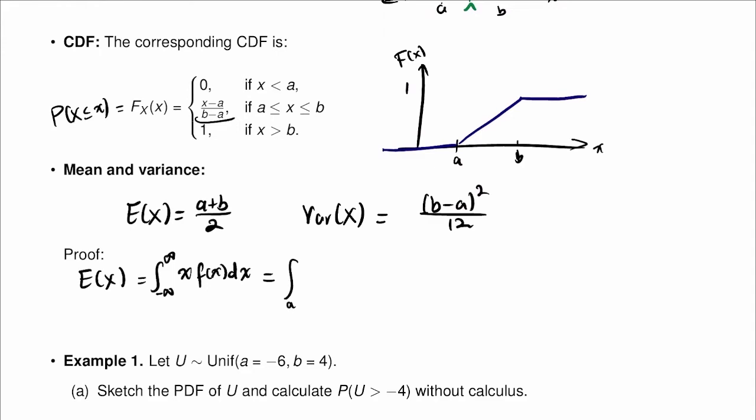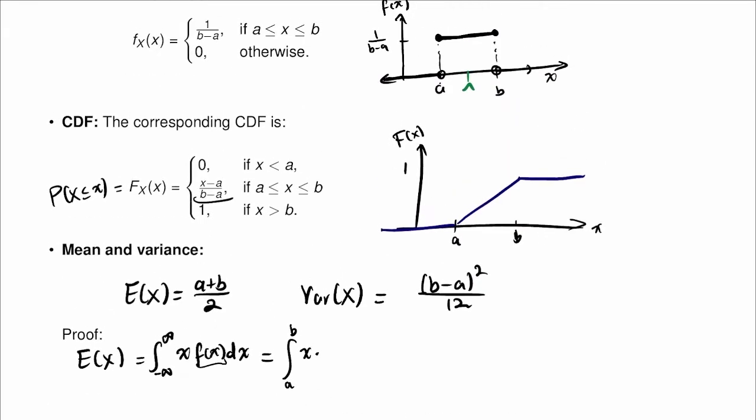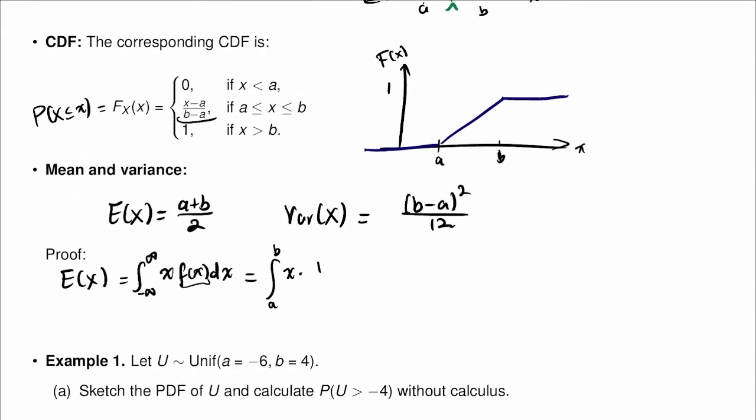So between a and b of x times the PDF, in this case 1 over b minus a, dx. Okay, so we can take out the constant, in this case 1 over b minus a, and it's the integral from a to b of x dx.